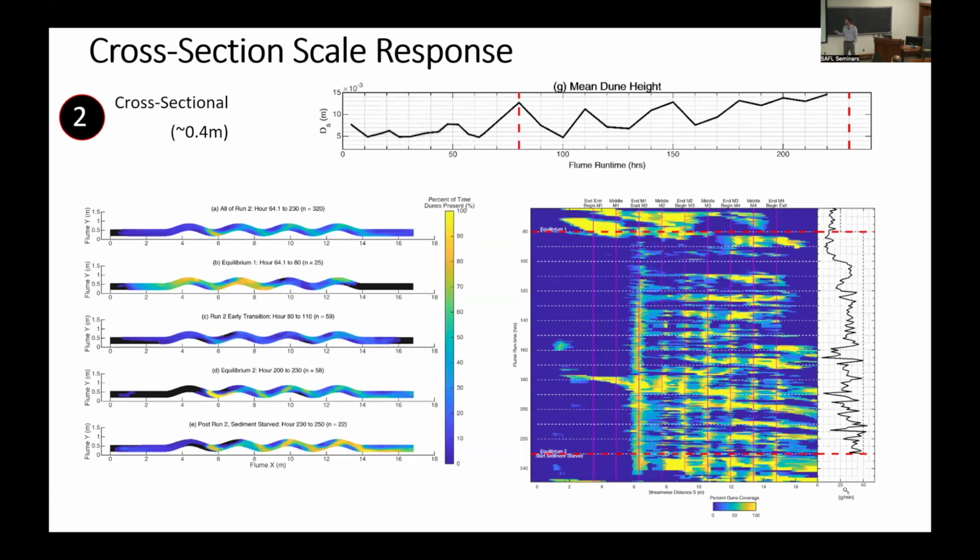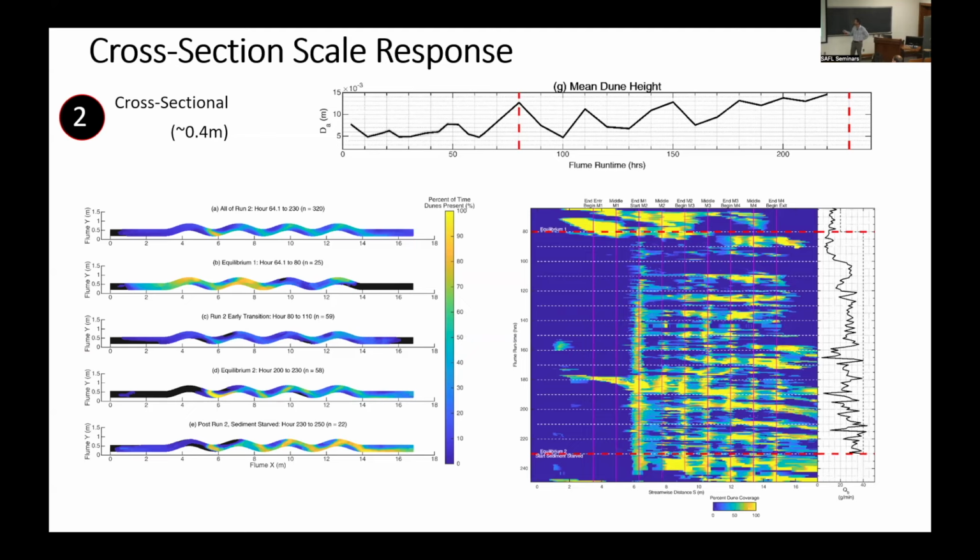If we look at the cross-section scale, this is the scale at which I'm thinking these bed forms were important. This shows a heat map of the frequency with which dunes were observed. This is going through time from top to bottom and streamwise distance from left to right.